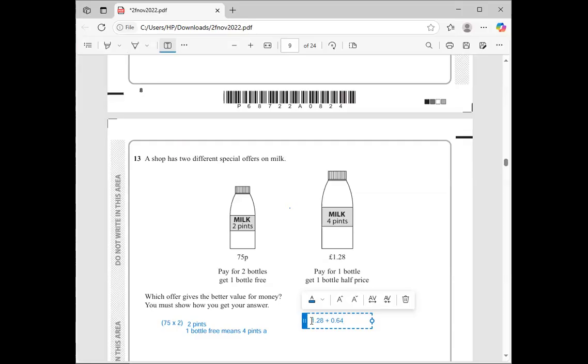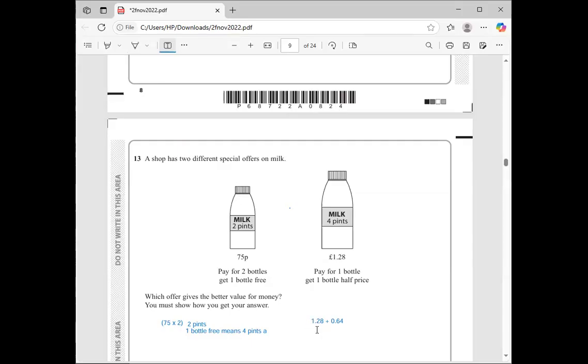64 pence. So let me see. Now this 1.28 is the price, because it says buy one bottle, get one bottle, half the price. So this one will give me 4 pints already.